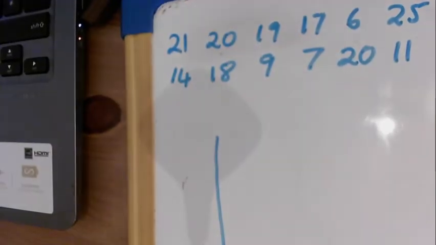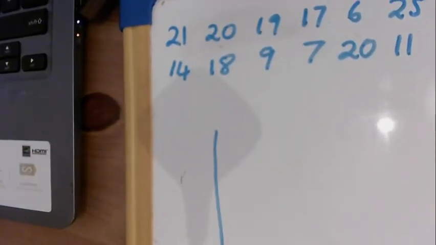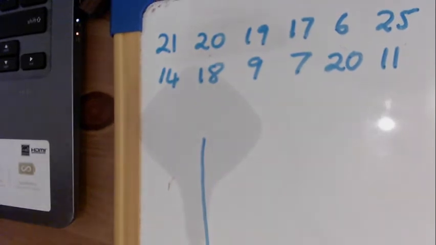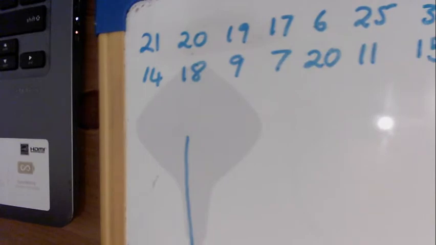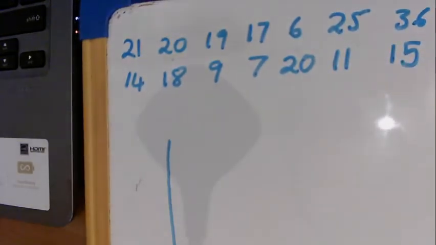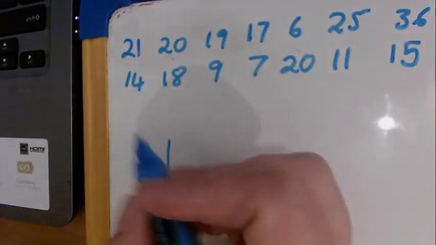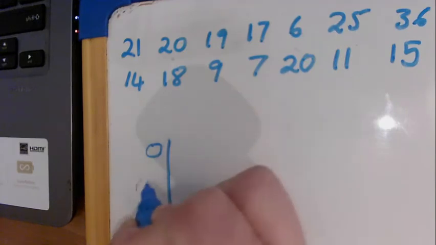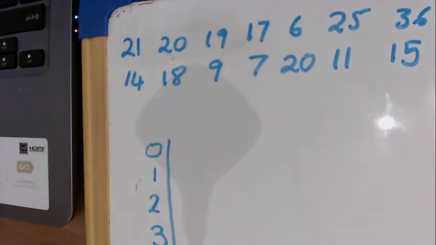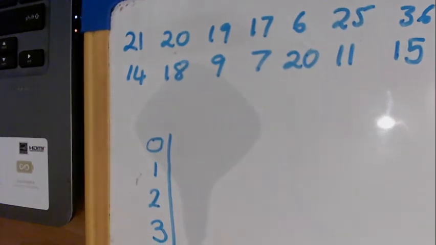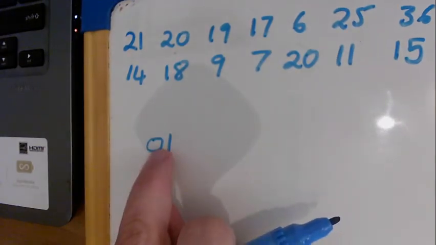The most traditional way to do it is to take the first digits of all my numbers. The first digits in this case are 2s and 1s and 0s, and we make them our stem. So my stem is going to be a 0, a 1, a 2, and a 3. Now, every number that doesn't have 2 digits is going to go in this section.